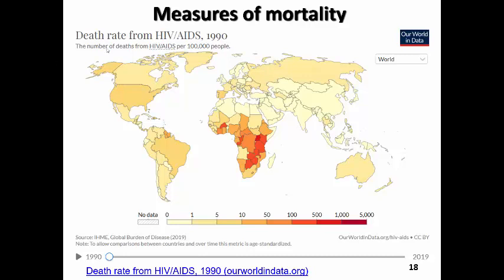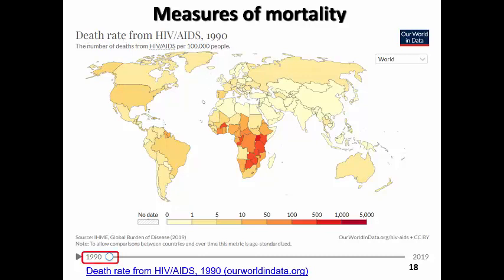These are the number of deaths per 100,000 people. This is not 100,000 people that have the infection. This is per 100,000 people that are part of the population. So it's important to note that this is mortality, or as the world data indicates here, death rate.